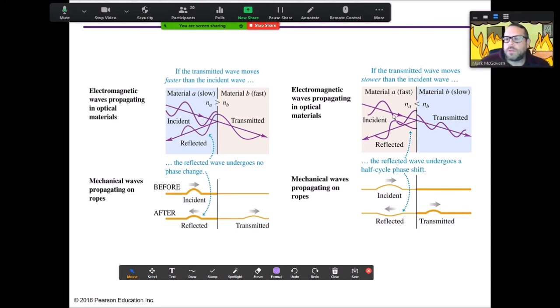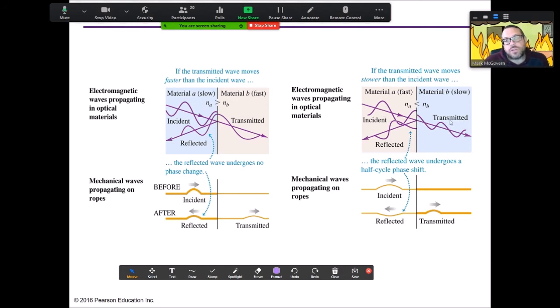When you go from lower to higher, like say air to the film, then you have a half cycle phase shift. It's like when an incident wave hits the wall and is reflected, and you see that 180 phase shift there. So this is true for light, and it has to do with the indexes of refraction. So high to low, no phase shift. Low to high is a phase shift.